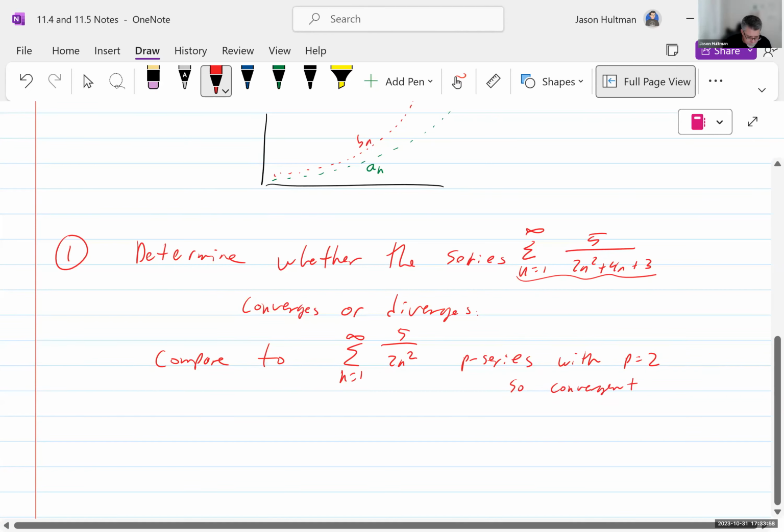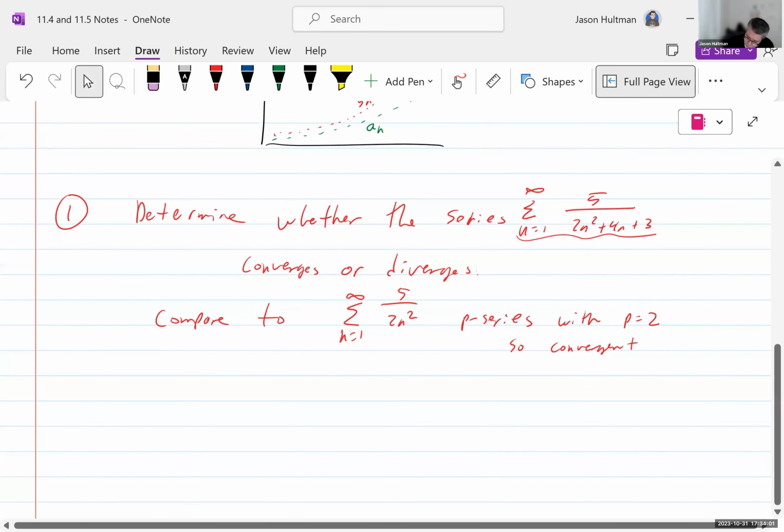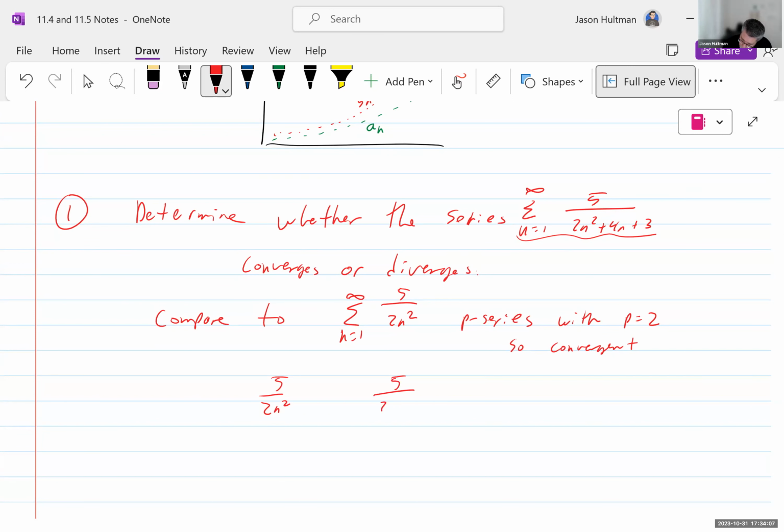Okay. I want to compare these terms, 5 over 2n squared to 5 over 2n squared plus 4n plus 3. Now, if I take a number and I divide by a bigger number, then don't I get a smaller value? Right?